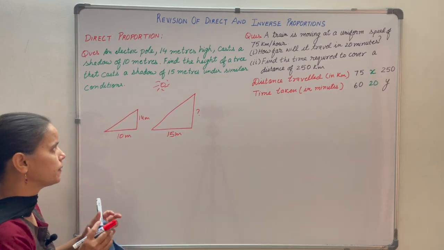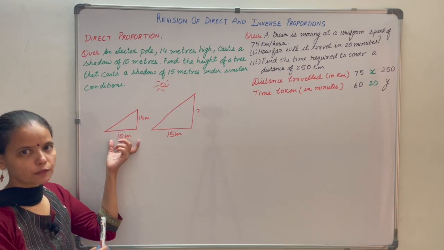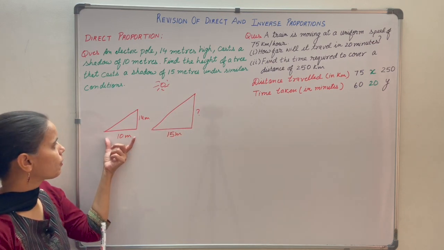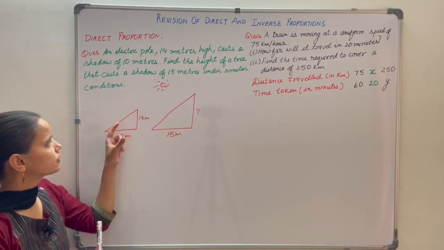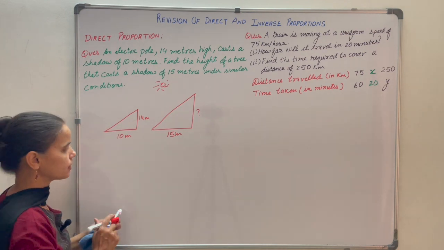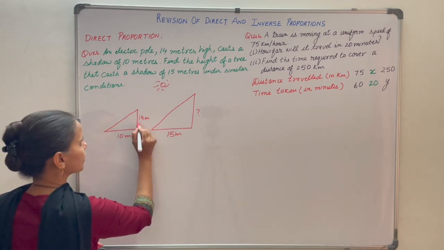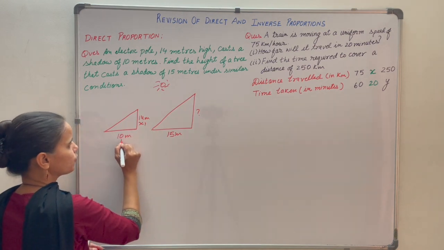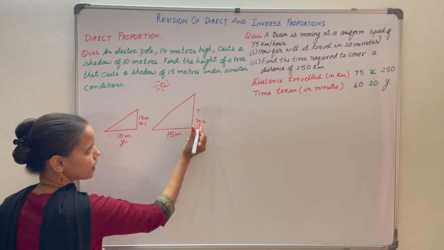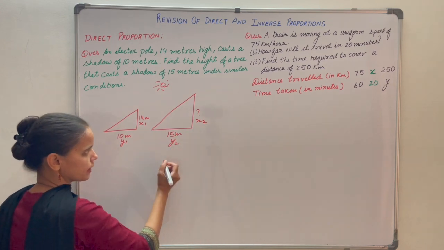So you can see the more the length of the shadow, the more the height of the object. The smaller the length of the shadow, the smaller is the height of the object. So if I consider this as x1, then the corresponding value y1 is 10. This is x2 you need to find out and the corresponding value y2 is given.